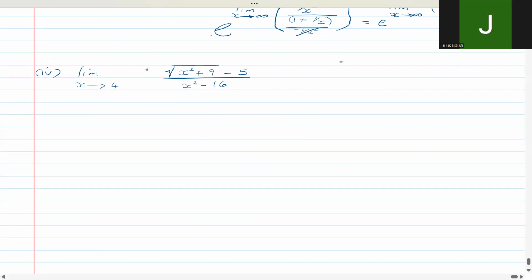So to simplify here, you use conjugation, or you rationalize. So to rationalize here, you multiply by the square root of x squared plus 9 plus 5, both denominator and numerator.